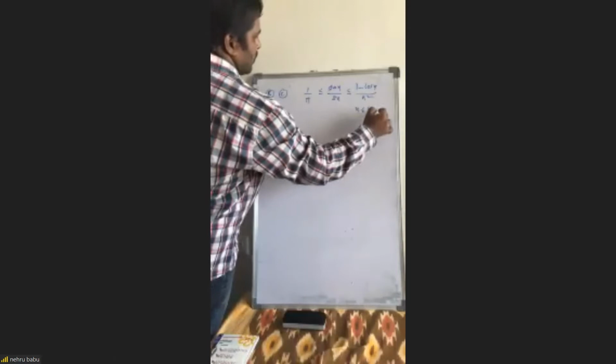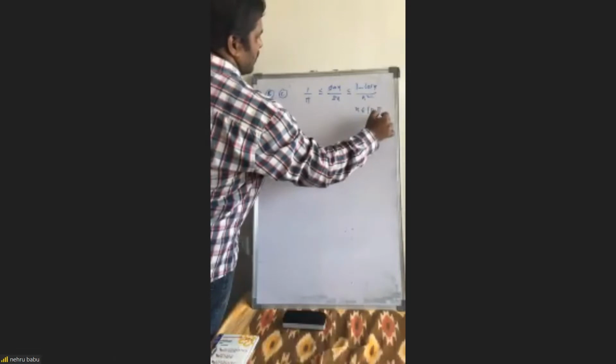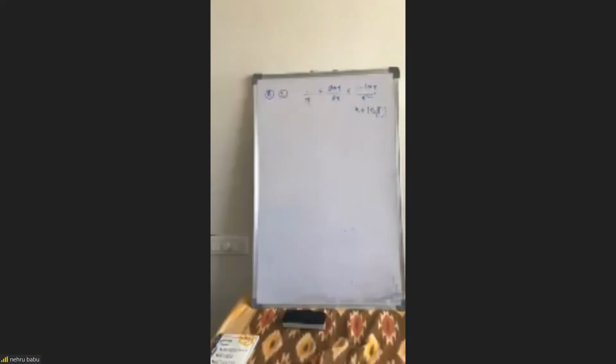This is the question. We should take this result. But you already proved the left part recently, with the help of the graph we proved that part. No doubt that f of x equal to sin x by 2x minus 1 by pi is also fine.